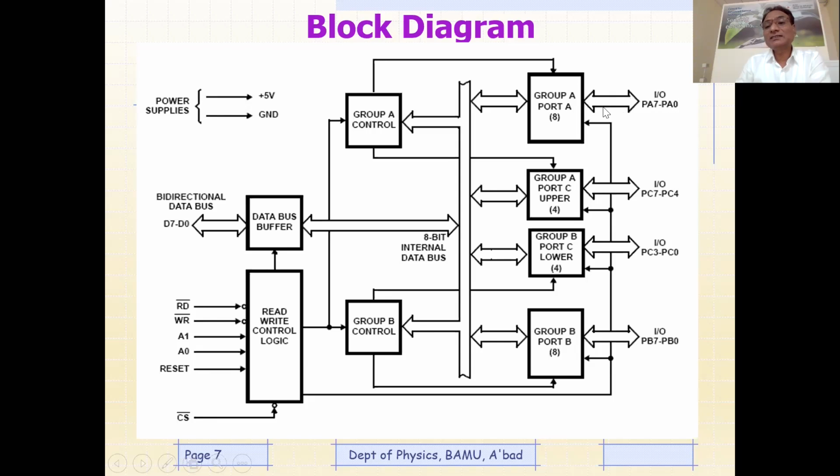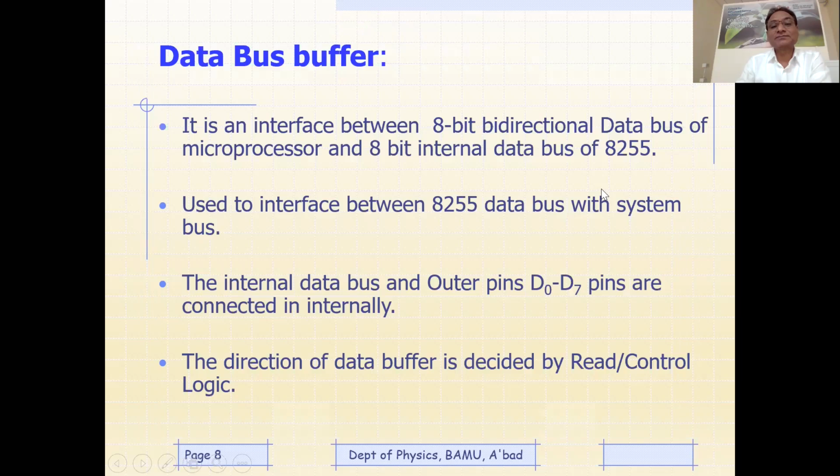You can see PA0 to PA7 goes to the I/O devices, and this also can go to I/O devices. This is port C, the upper and lower parts, and this is port B. That's why it's called I/O: you can connect either an input device or an output device.